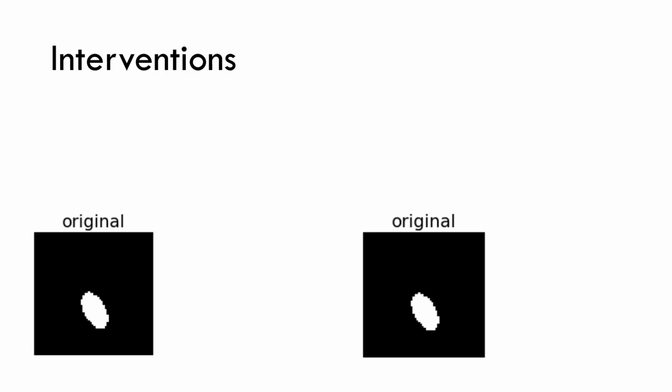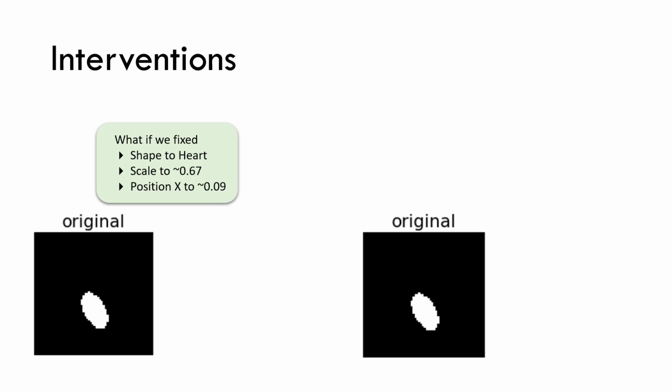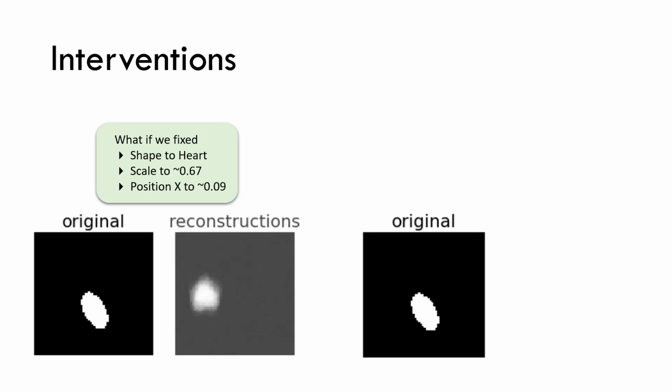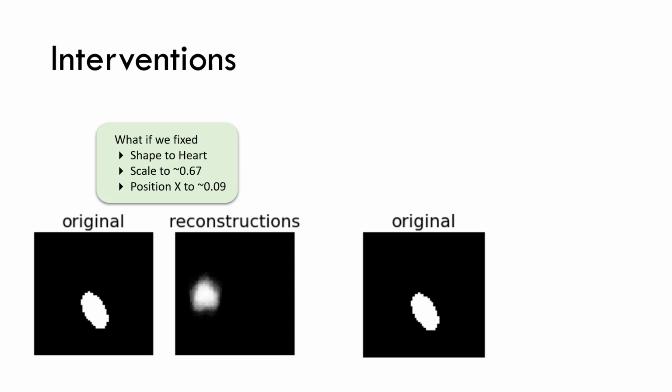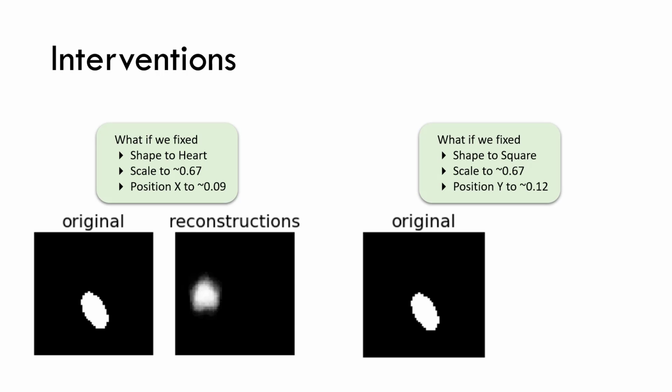Hence, we have performed various interventions and shown that the model which we have built can qualify as a causal model. Here are two examples I would like to walk you through. As we change shape to heart and scale and position to given values, our model does generate a required image. Similarly, in the second case on intervening the shape to square with other given values, as shown, it generates the required image.